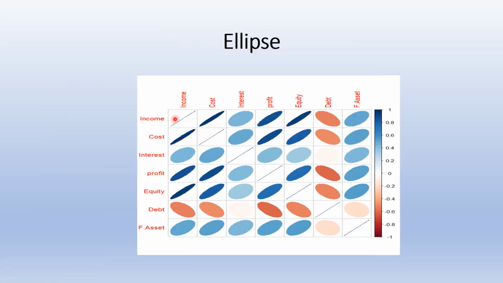So in an ellipse, if we find a straight line, we have to interpret it as a stronger correlation coefficient. If it is blue, it means it is positive. If it is pink or red, it is negative. And the wider and the rounder, the weaker the correlation coefficient.